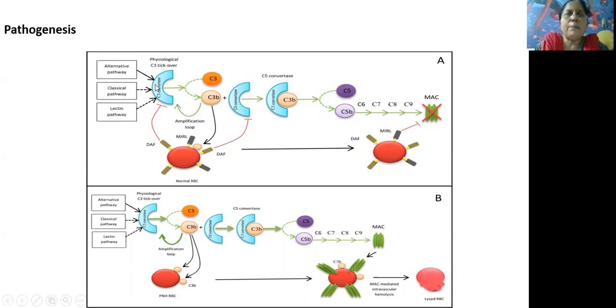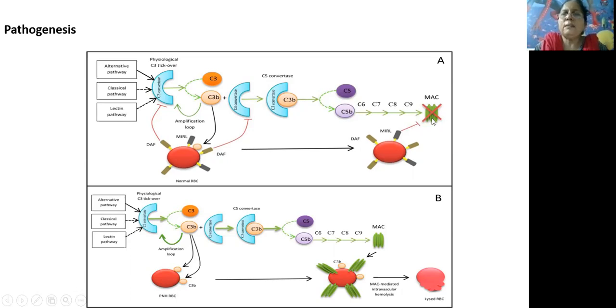C3 is converted to C3b, and that will activate 5b, 6, 7, 8, 9. Then the membrane attack complex, which destroys the RBC.